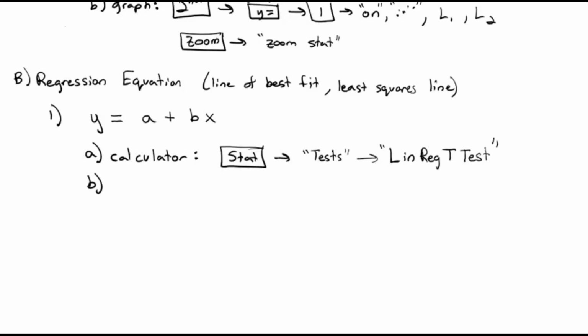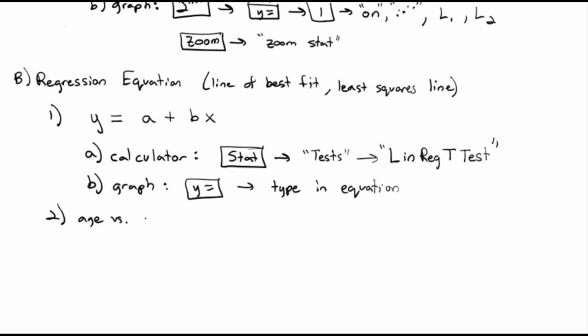We can also graph it on our scatter plot graph by hitting the y equals button and then typing in the equation. So let's do that for our age versus pages example.